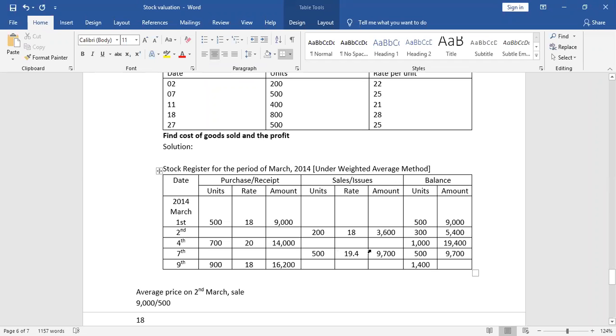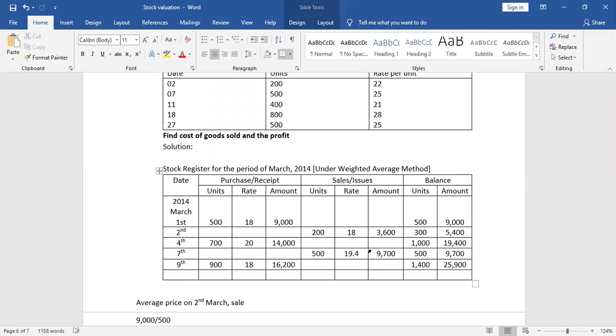Add 9,700 plus 16,200. How much are you getting? Correct answer, 25,900. So this one is also done. The 9th's purchase is done.